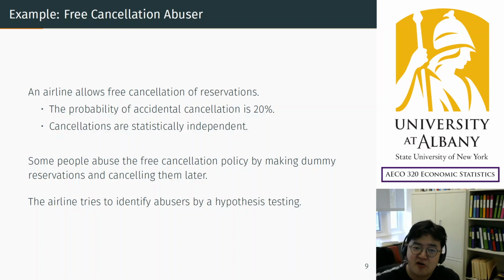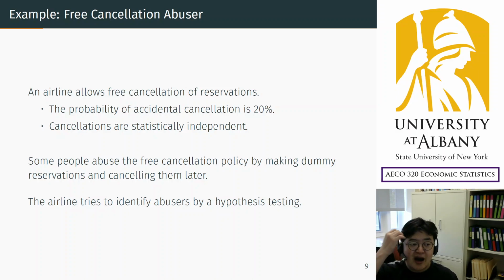But the airline company's problem is the existence of abusers. There may be people who abuse the free cancellation policy by making more reservations than they need and canceling them, right? For example, I want the seat next to me empty. So what I can do is make another reservation next to me and cancel that right before the flight, if cancellation is free. So this kind of abuse is possible.